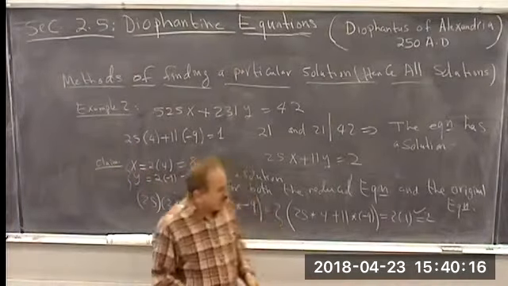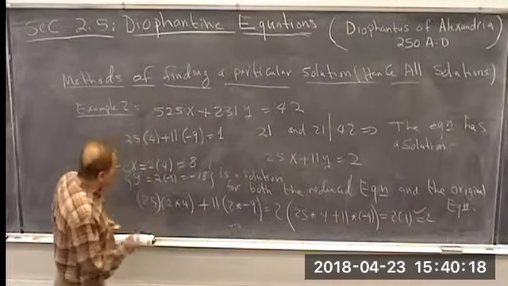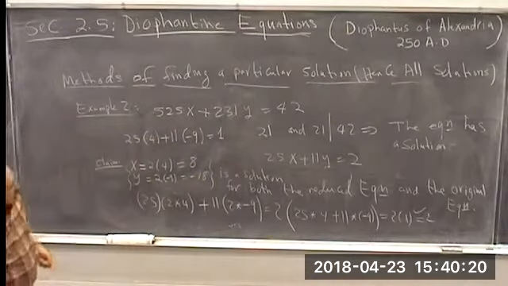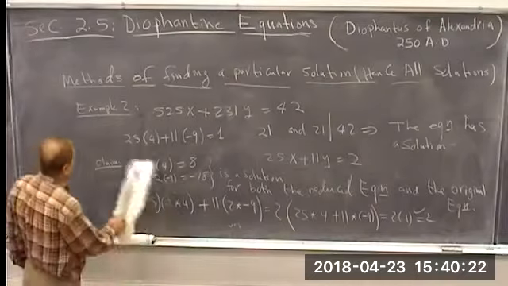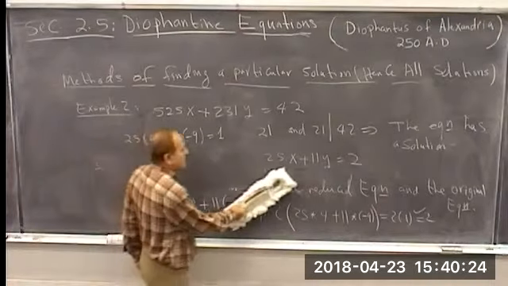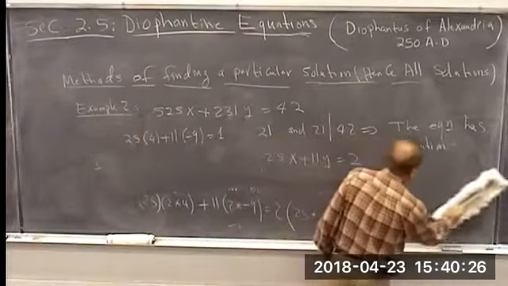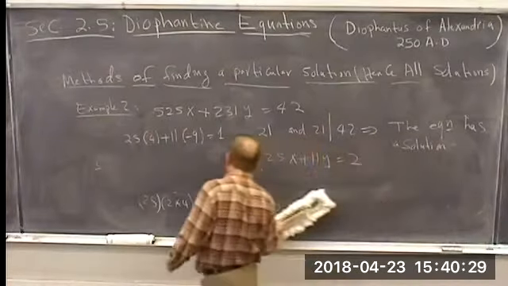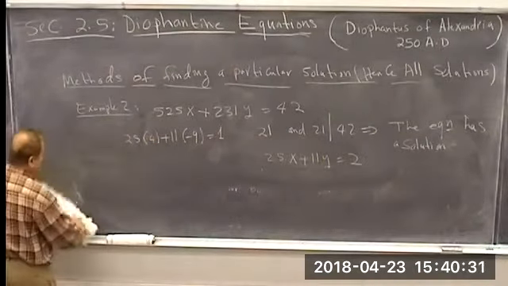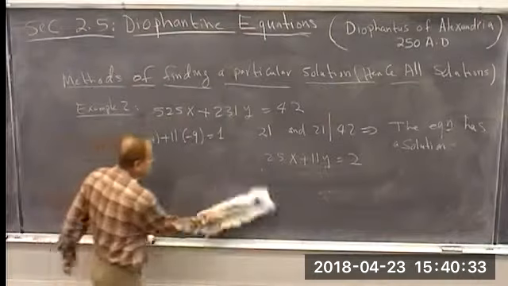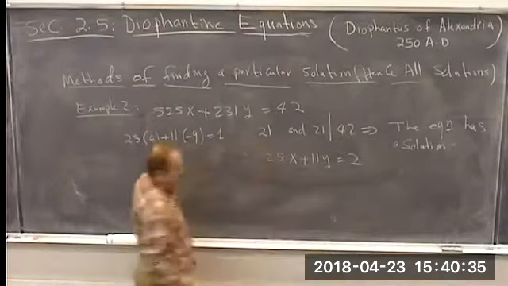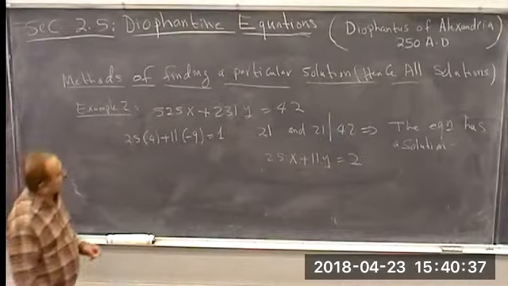All right. Now, once we find this particular solution, then we can write the general solution. So now the general solution for, again, the reduced equation, or the solution set for this.